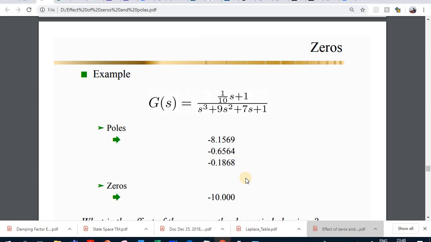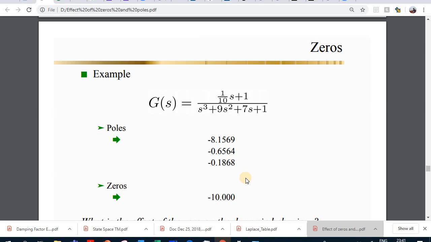There's a reason behind it. Why did the scholars work hard to approximate higher order systems by lower order systems, mainly first order or second order systems? There is a reason behind that, and until we get to that stage, this is what we have for poles and zeros.